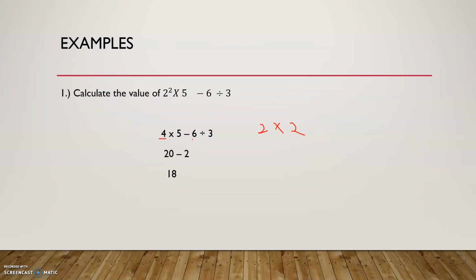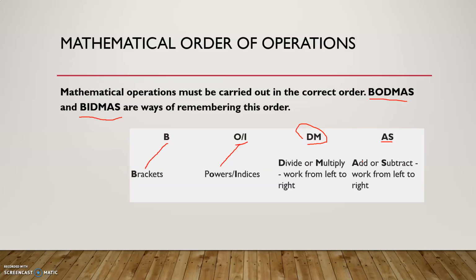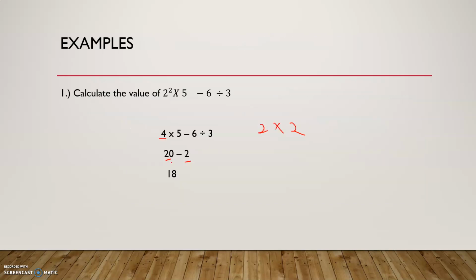So 4 times 5 would be 20, and then 6 divided by 3 would be 2. After that, the next operation would be add and subtract. So if we subtract 2 from 20, that would be 18.